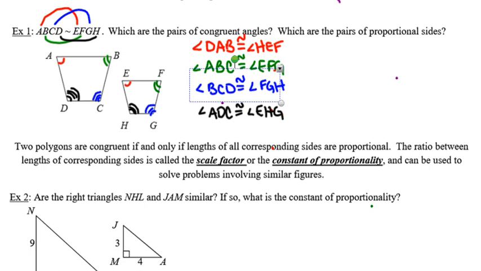The proportional corresponding sides would be those that match up. And proportional means they have the same ratio. So if I compare the ratio for side AD to side EH, they would be exactly the same.